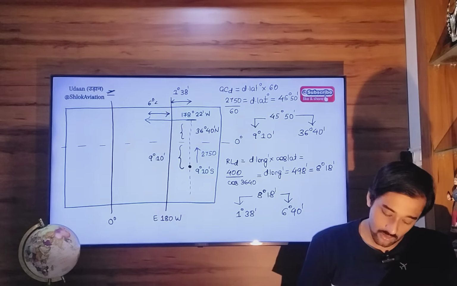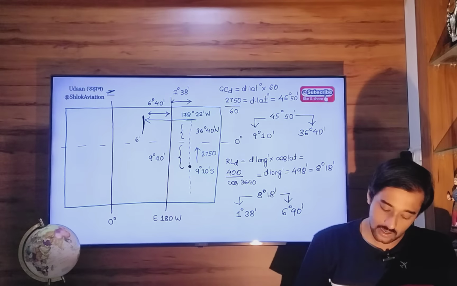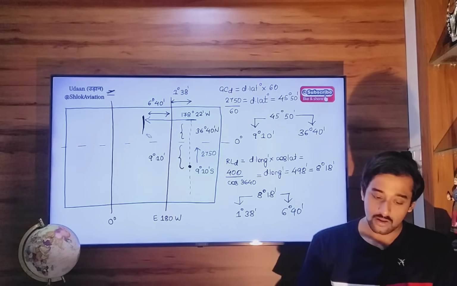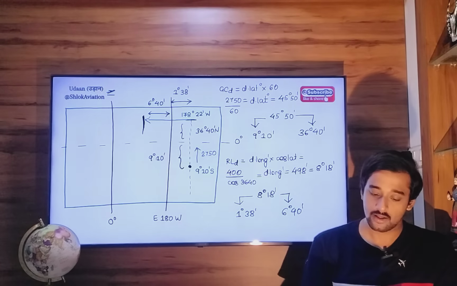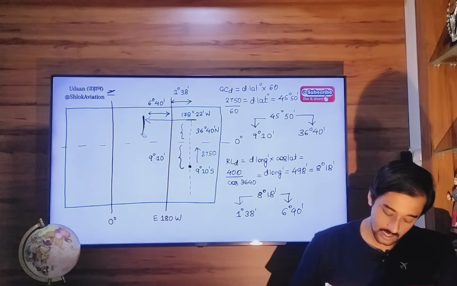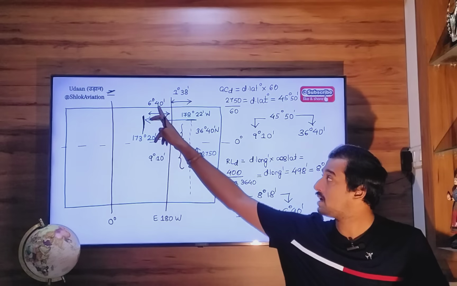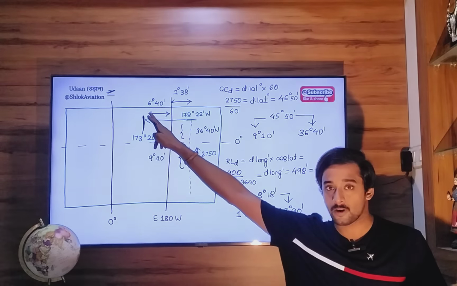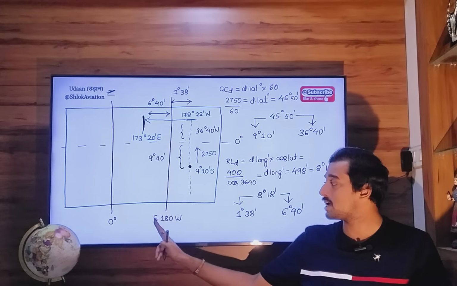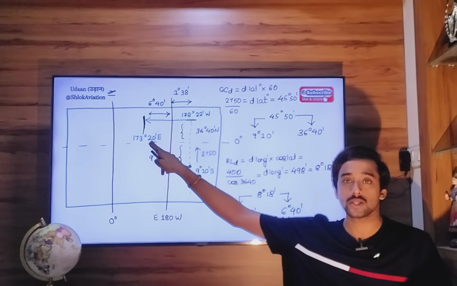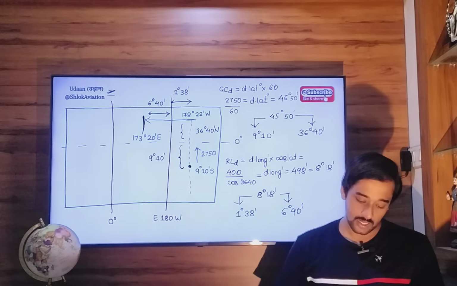So your new longitude is 6 degrees 40 minutes minus 180 degrees, that is 173 degrees 20 minutes east. This D long of 6 degrees 40 minutes you are subtracting from 180 east longitude, and you arrive at a longitude of 173 degrees 20 minutes.